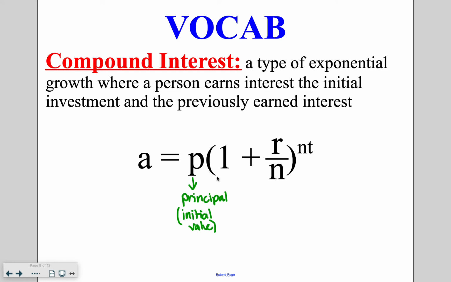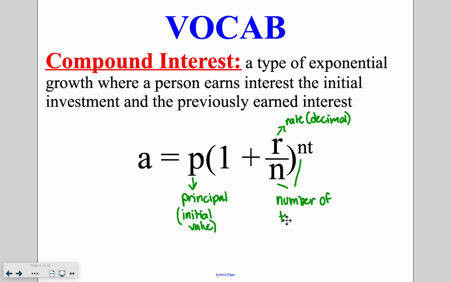We have 100% still. The r is still part of our equation. That is still our rate written in decimal form. This new piece, this n, which you see both inside the parentheses and in the exponent, is going to stand for number of times compounded.